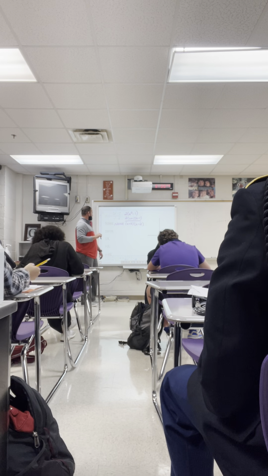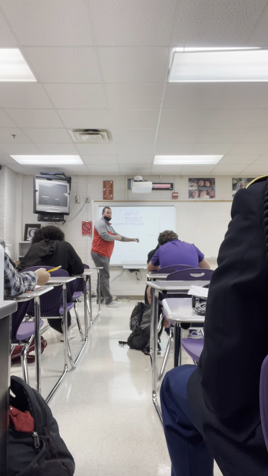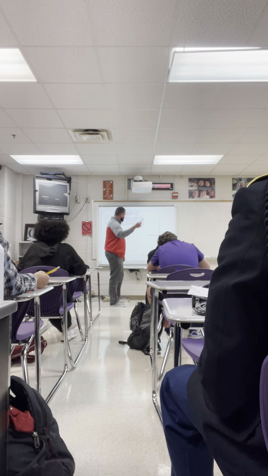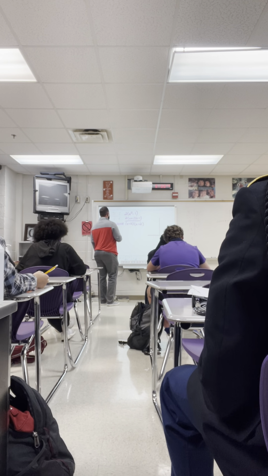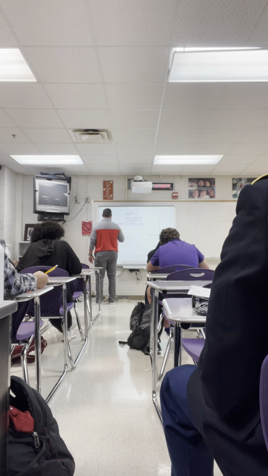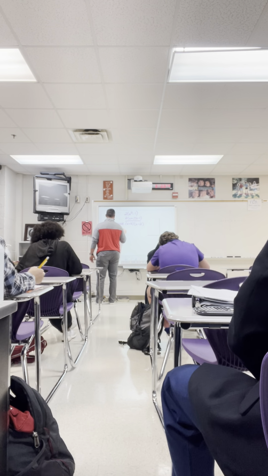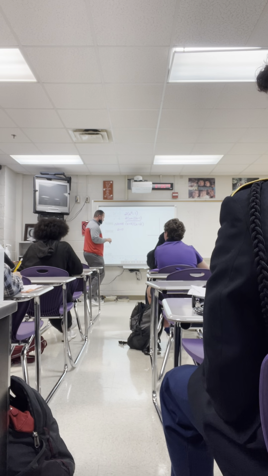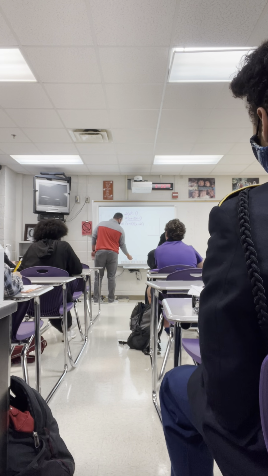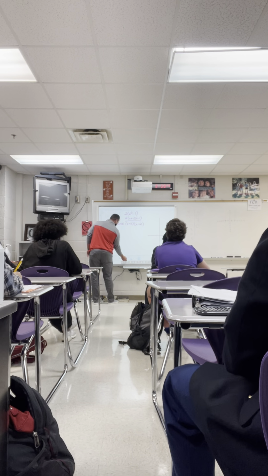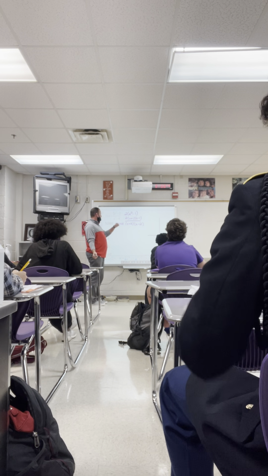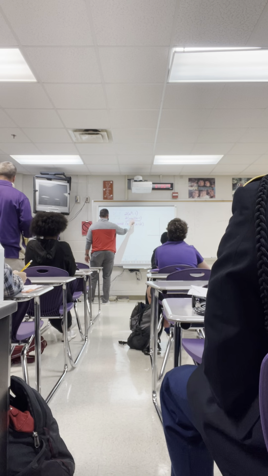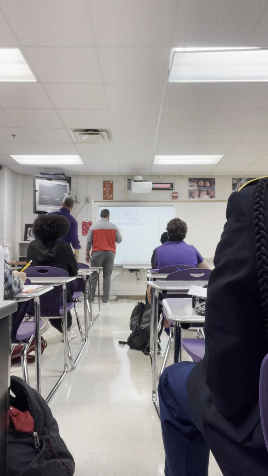Zeros. What do we use when we're solving for zeros? The numerators. So your top equals 0. So 1 and negative 1. Alright, so what would your zeros be? 1 and negative 1.